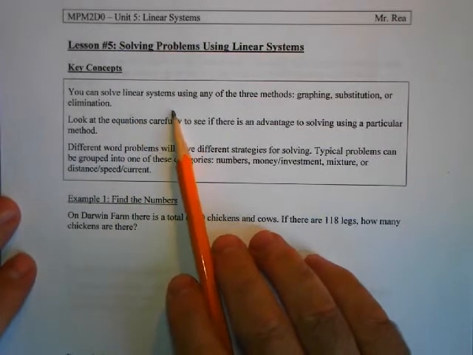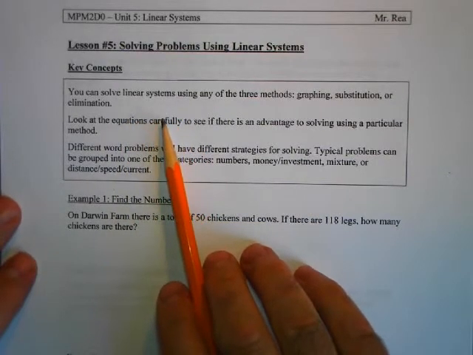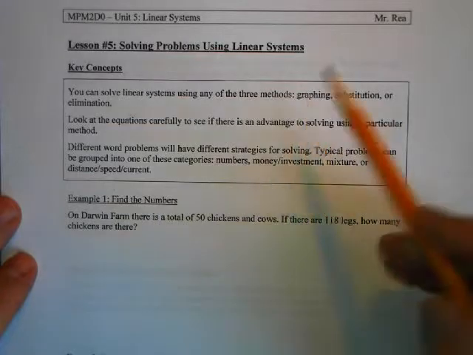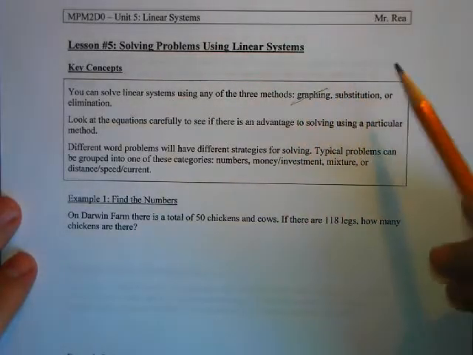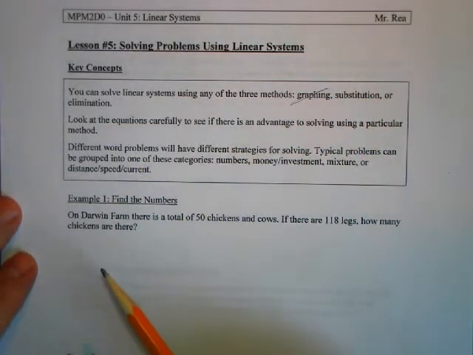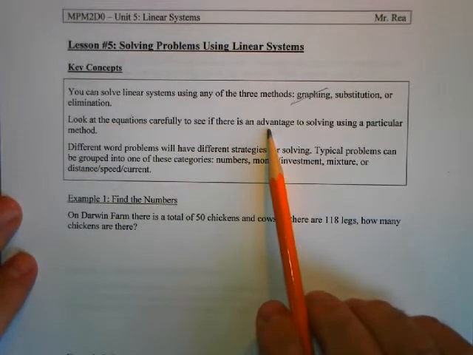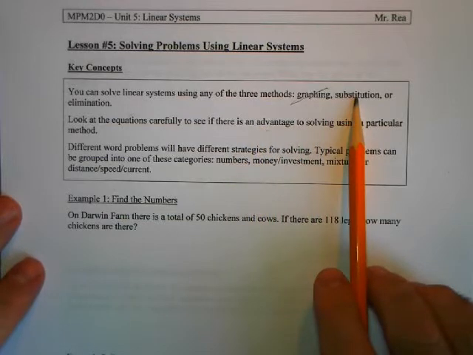But before we do that, just a summary here. You can solve a linear system using any of the 3 methods. Obviously we didn't do graphing, but we did substitution and elimination. So choose the method that works the best, and that's the point here. There might be an advantage to using substitution, or it might be better to use elimination.